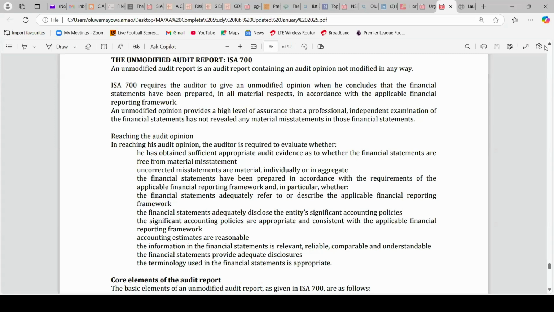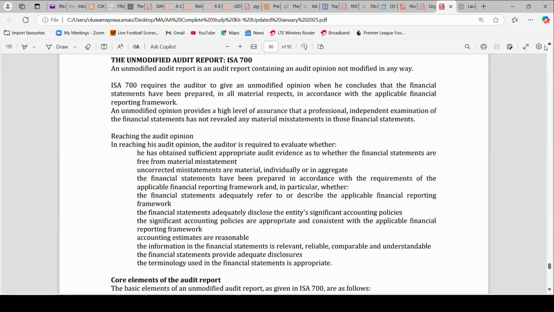So the auditor is not modifying the report due to a disclaimer, or due to an adverse opinion or anything. It's just giving the opinion clearly.